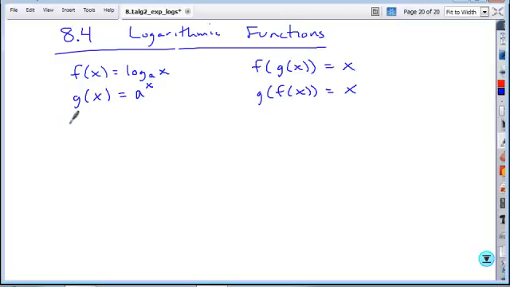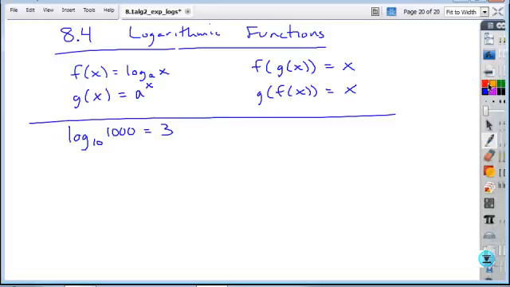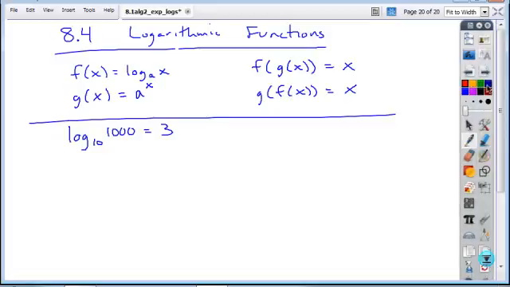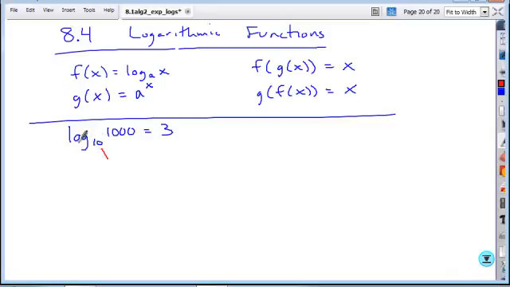Okay, so if you take something like this, starting with the log, the way that you convert into an exponential form is the following. The way that this is read is log base 10 of 1,000 equals 3. This is referred to as a base.